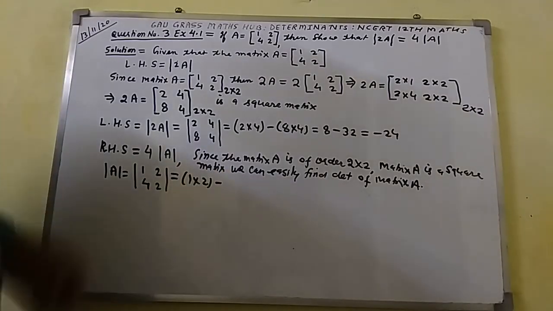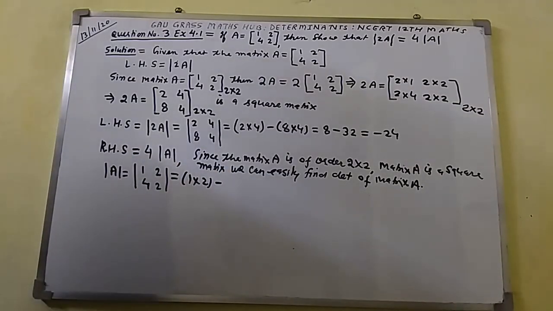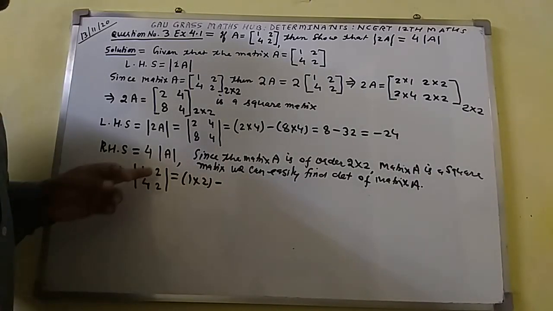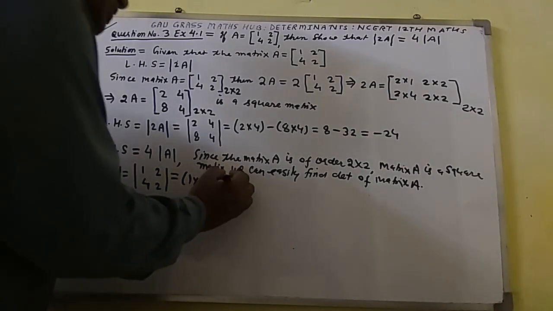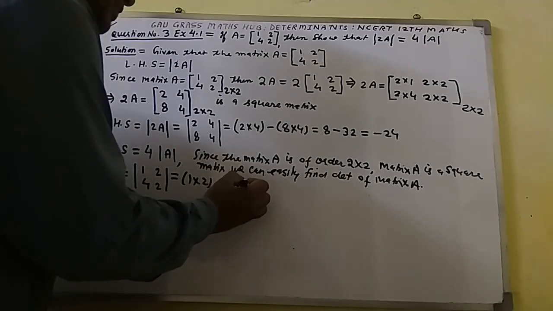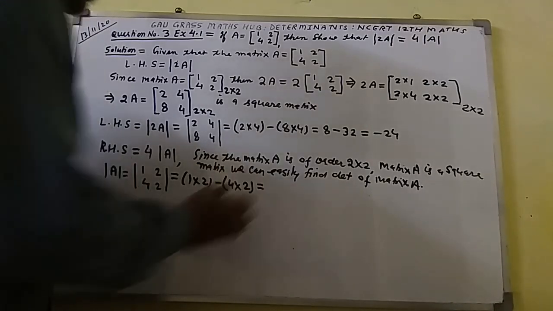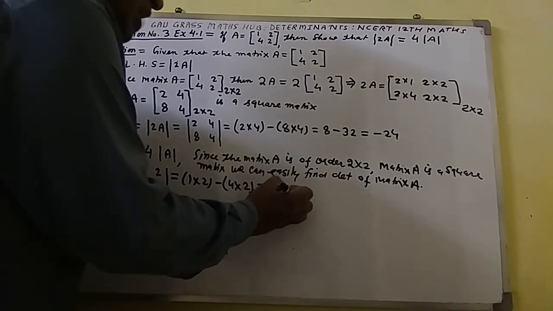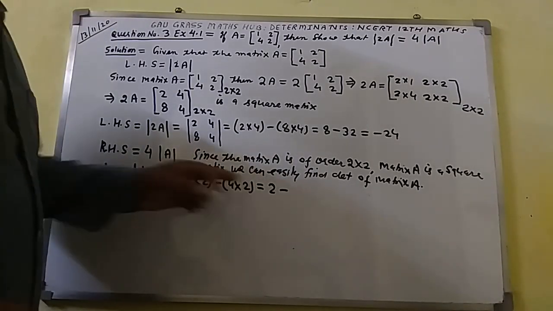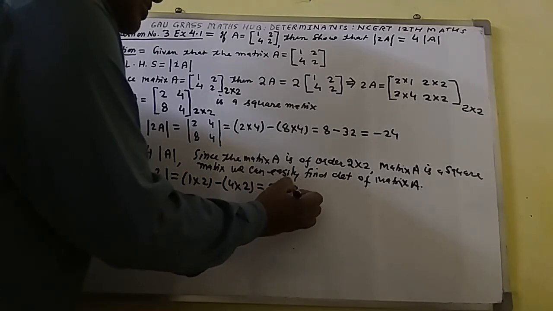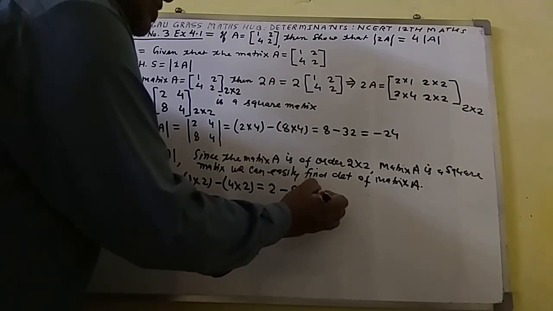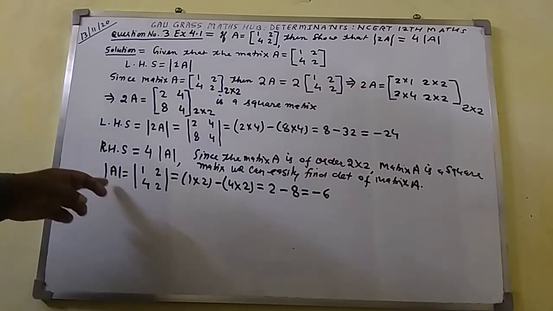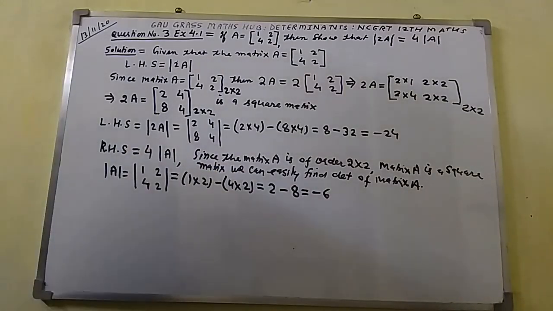Minus the elements of the reverse diagonal multiplied together: 4 times 2 comes out to 8. So 2 minus 8, you will get minus 6. The determinant of matrix A is minus 6.